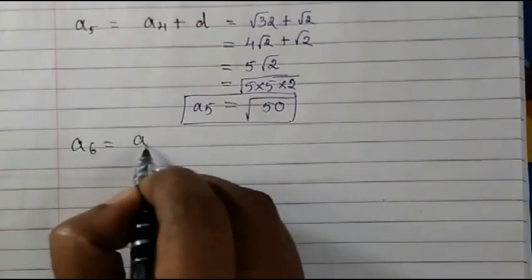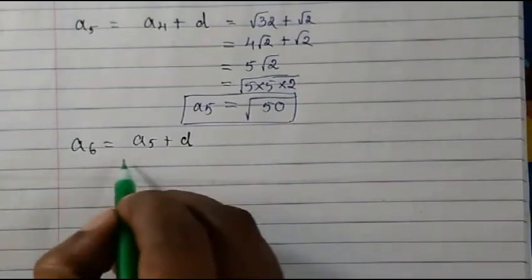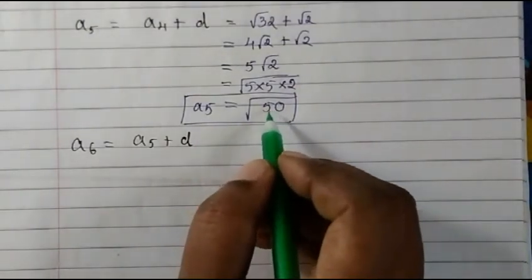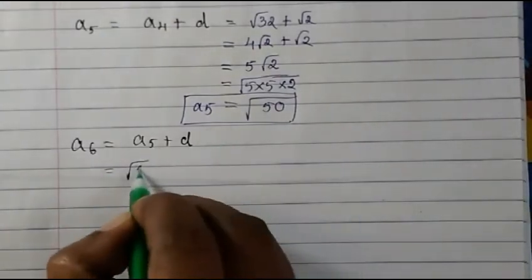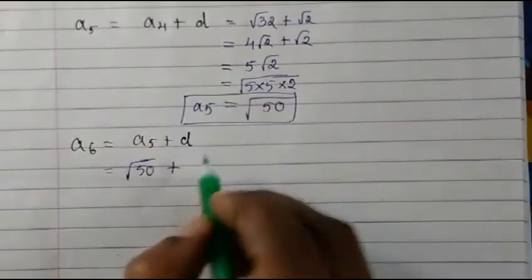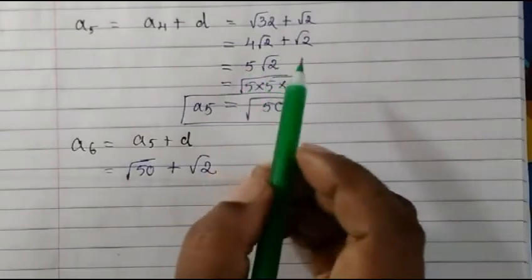So A6 is what? A5 plus D. A5 was root 50, and D is root 2.